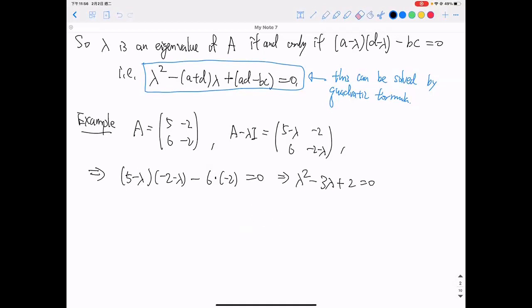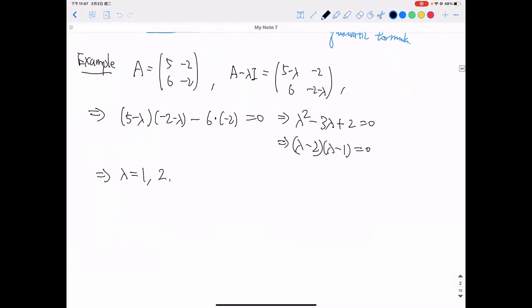Okay. Now this equation is easy to solve. You don't even need the quadratic formula. You can just eyeball the answer because the polynomial here factors as the product of lambda minus 2 and lambda minus 1. So you get 2 eigenvalues, lambda equals 1 and 2.